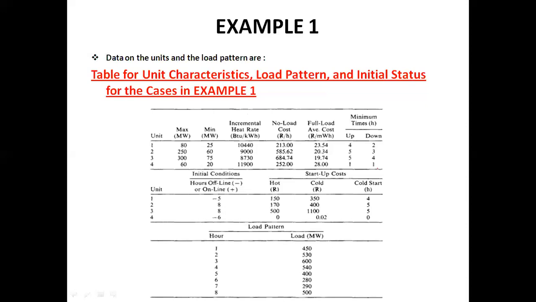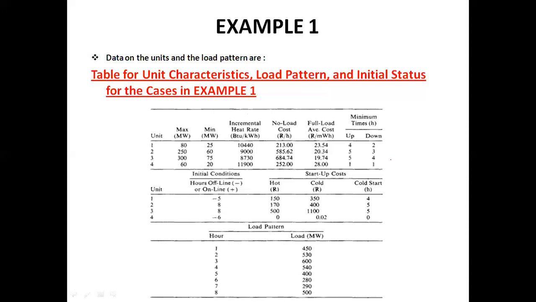Nor can you shut down a unit when it is in running condition. So these constraints, the minimum up and minimum downtime, will be included in our case 3 part.